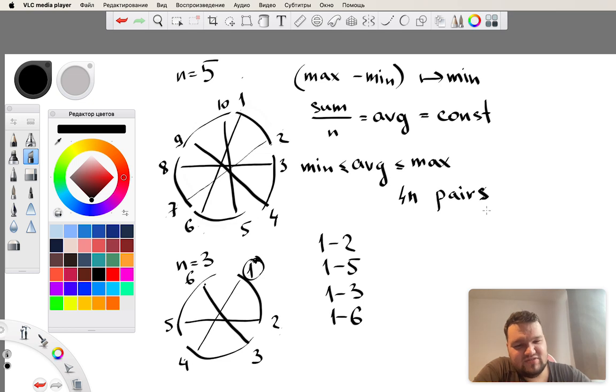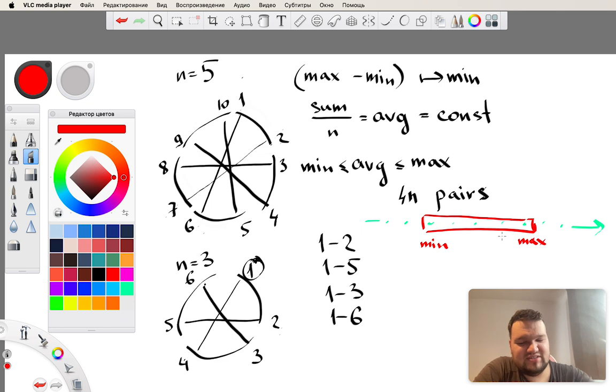So we have those 4n pairings, sorted on the number line. Then we say, this is a good segment, this will be our minimum, this will be our maximum, and now the problem is a decision problem. Is it possible to swap the knights such that every pair is inside this segment?